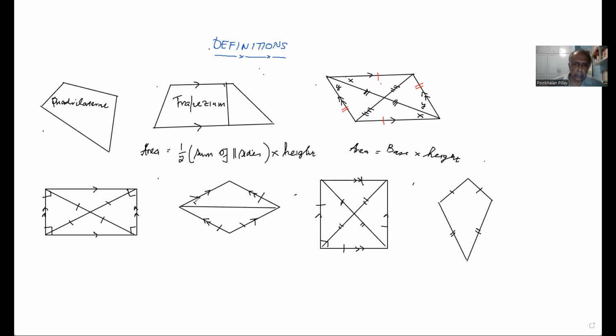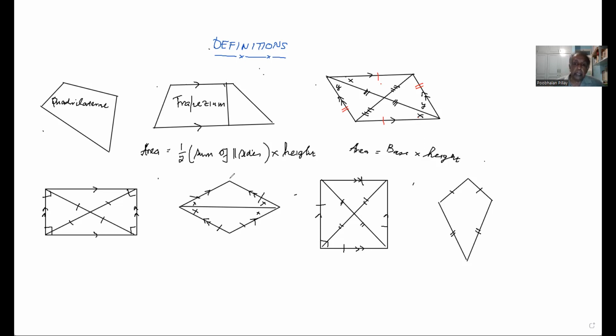So if I call this x, this will also be x. But now this triangle here, the diagonal divides into two triangles. This triangle, the two adjacent sides are equal here, so this is an isosceles triangle. So it turns out that a diagonal of a rhombus bisects the opposite angles. See? The same thing with the other one.